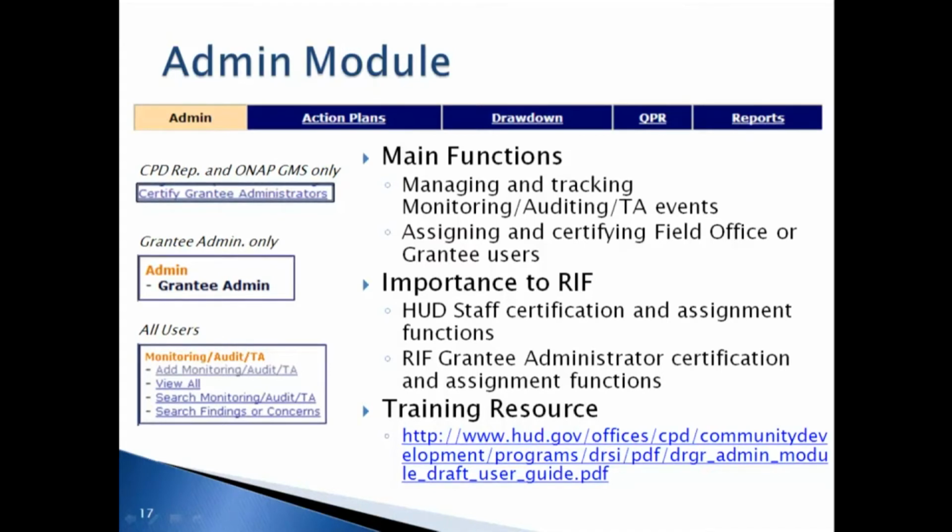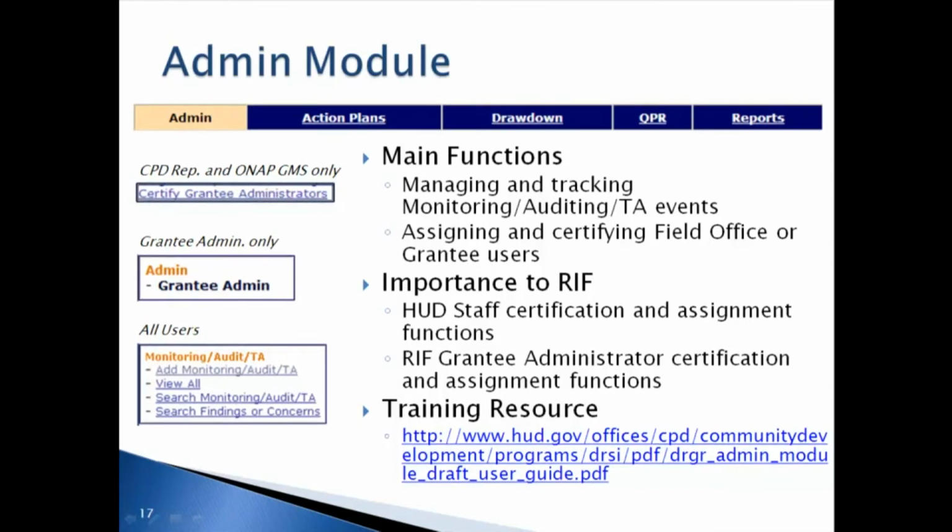HUD roles include HHQ admin, a regular HUD user, and HUD view-only users. You also have HUD approved drawdown role and HUD rep GMS assigned to a grant. Field managers are responsible for user certifications.